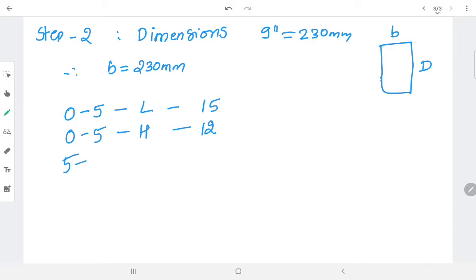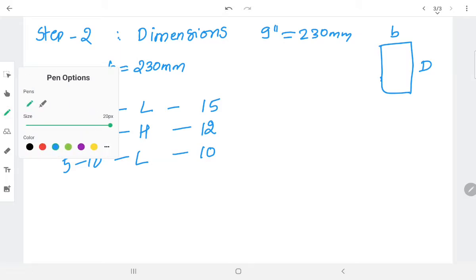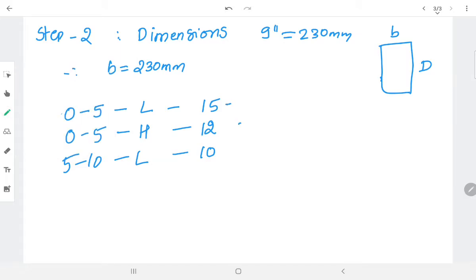And for 5 to 10 meter, light loading as well as heavy loading, you'll be taking L by D ratio of 10. Otherwise, even for 0 to 5 meter, if it is of light loading, maximum you can take this much value. For example, if 0 to 5 meter length with light loading is there, I may take 12 also, it is left to you.